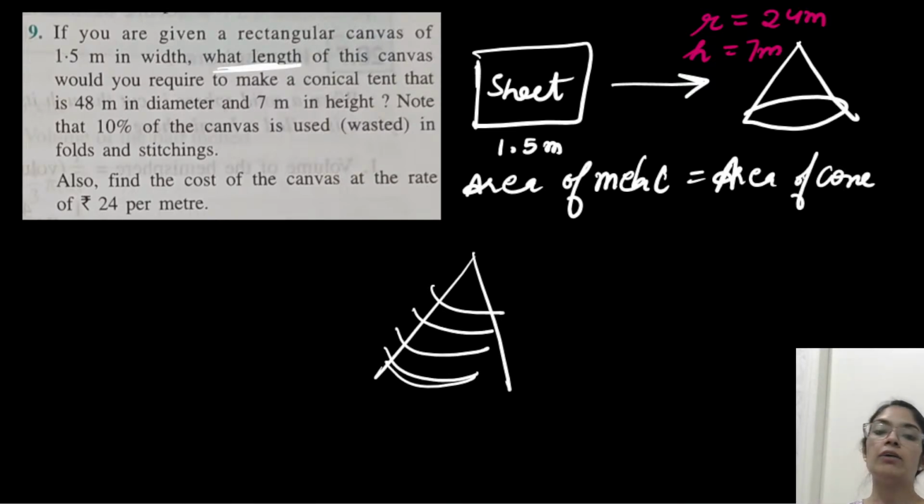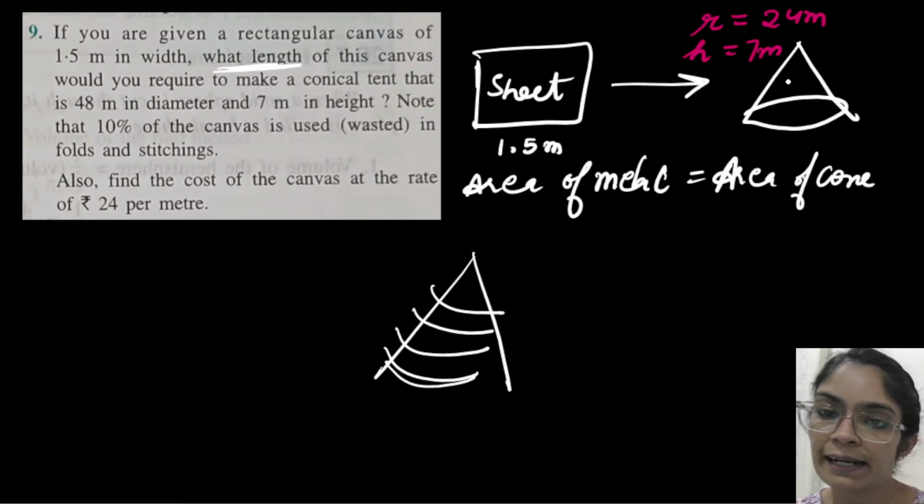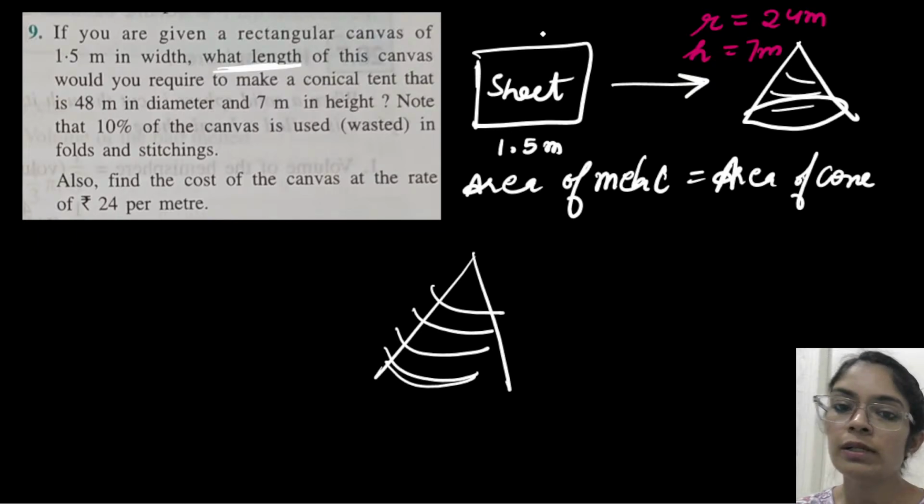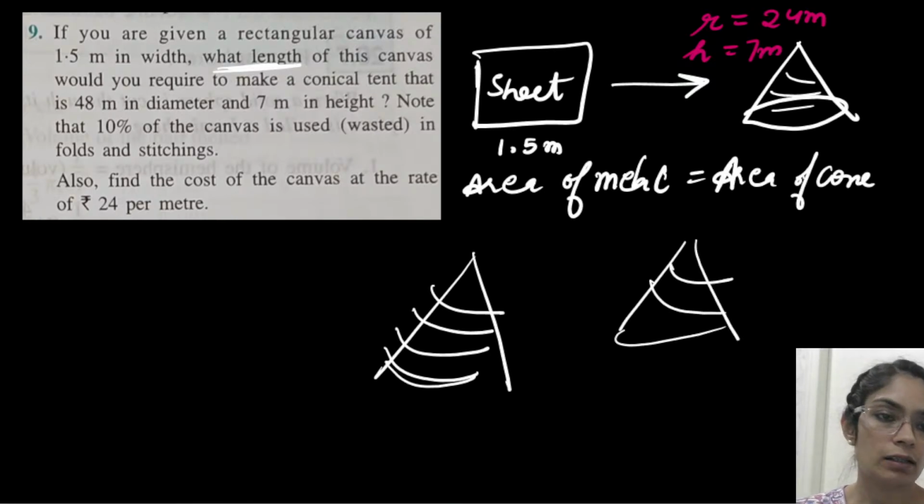Should we use curved surface area of the tent, or total surface area of the tent? Curved surface area, because see, the tent doesn't have any base. So if this sheet is required, it should only be required to make this curved part.